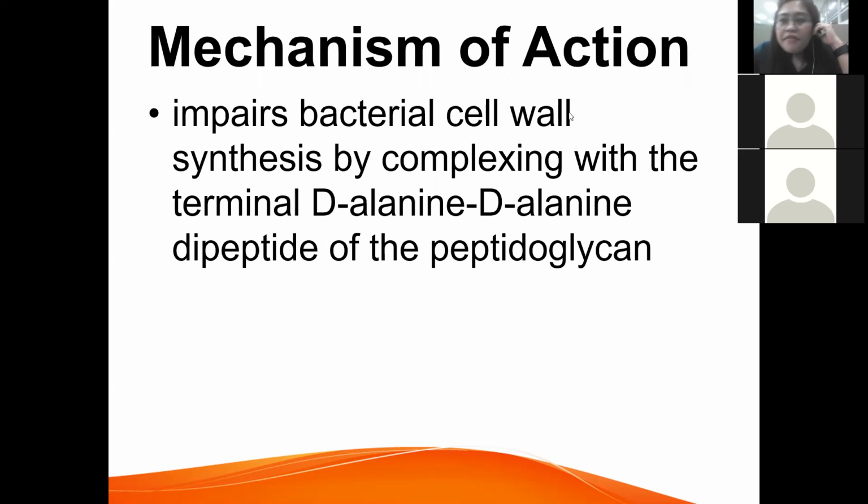Now, the mechanism of action is still similar to that of vancomycin. Teicoplanin is also an inhibitor of bacterial cell wall synthesis, specifically at the D-alanine terminus of the peptidoglycan. The same thing, inhibition of cell wall synthesis. Questions about teicoplanin?